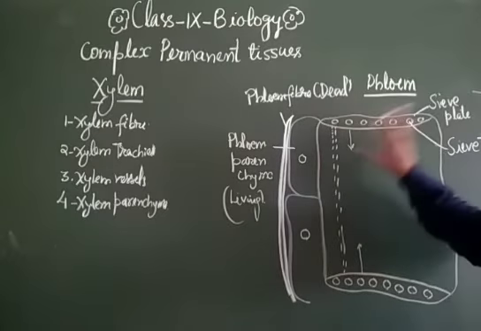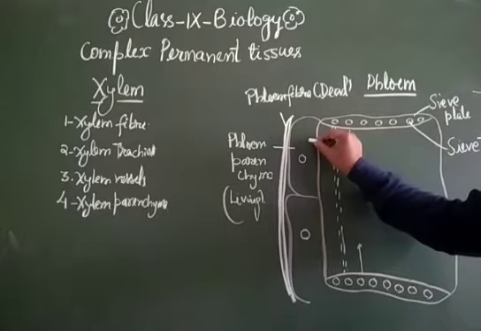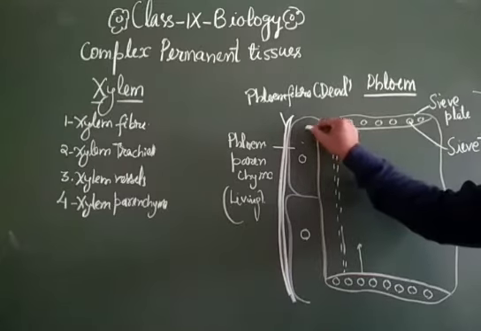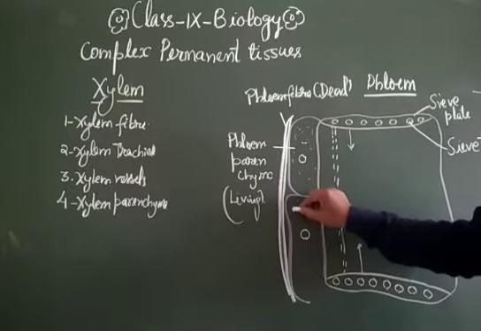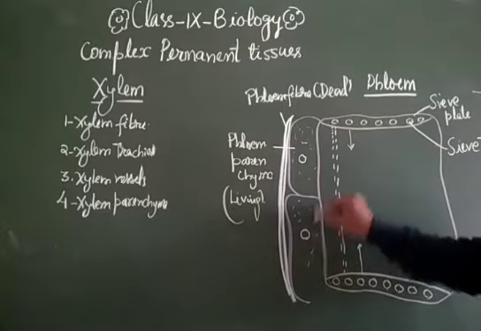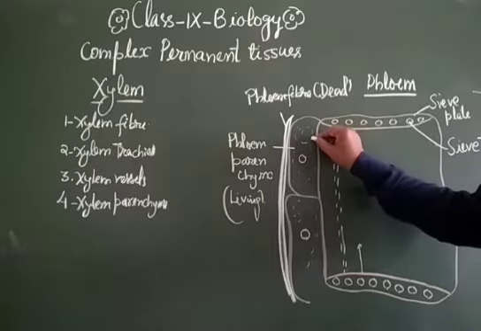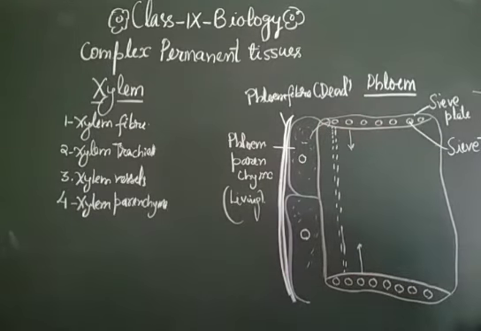How did it happen? Now see, the food that is stored inside this phloem parenchyma gets transferred by the process of osmosis from this phloem parenchyma to this seed tube, to this seed plate.